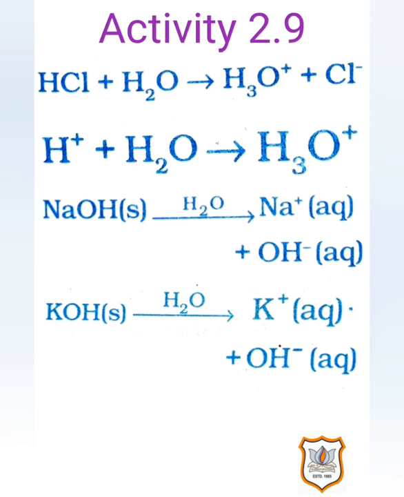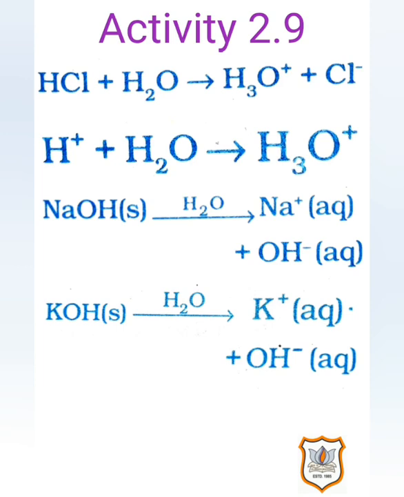Okay, so hydrogen ions in HCl are produced in the presence of water only. The separation of H plus ion from HCl molecules cannot occur in the absence of water. The very first reaction shows that HCl plus H2O gives H3O plus and Cl minus. Hydrogen ions cannot exist alone, but they exist after combining with water molecules.